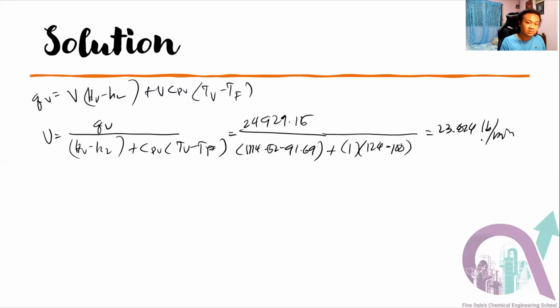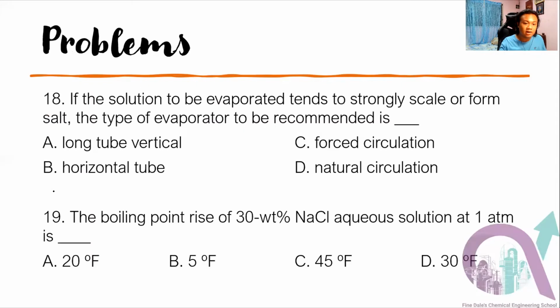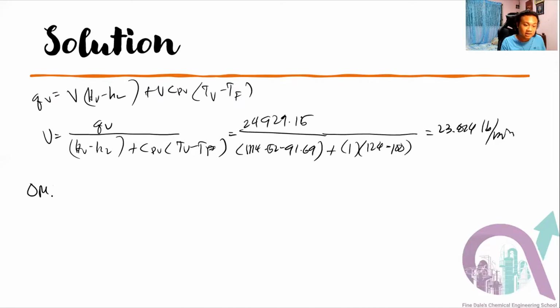Okay, so you now have the value for the V, so we can proceed to the overall mass balance. Okay, overall mass balance. So this is F minus L is equal to 23.814. Right?